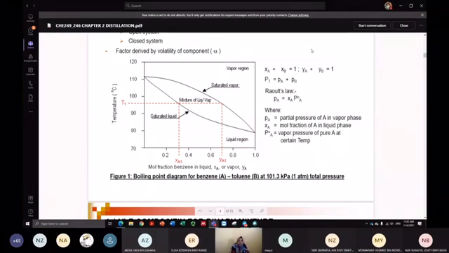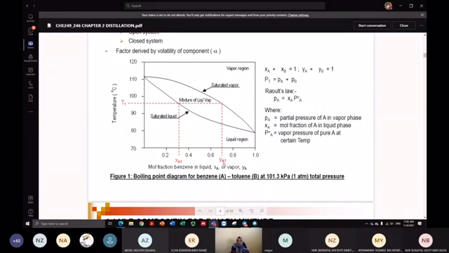Next, before I go to the next slide, in the boiling point diagram you should have a temperature versus mole fraction diagram. In the boiling point diagram, you can have a representation of the mole fraction of the liquid or the mole fraction of the vapor.